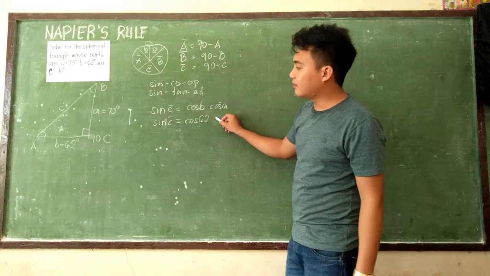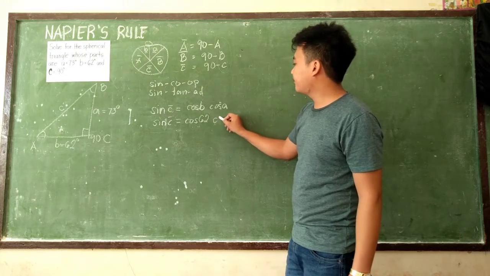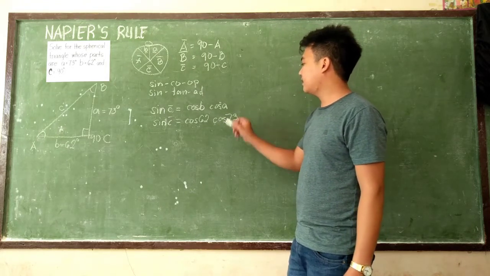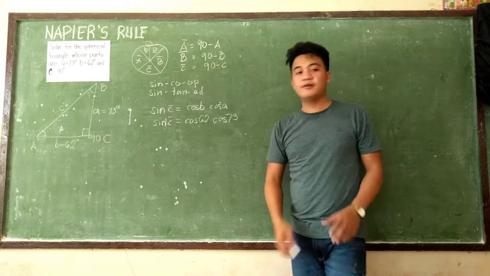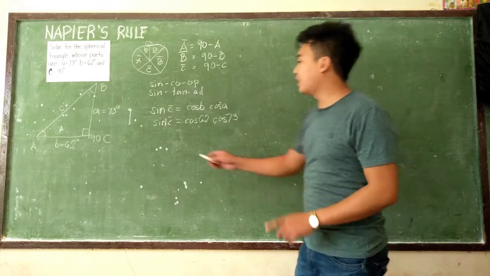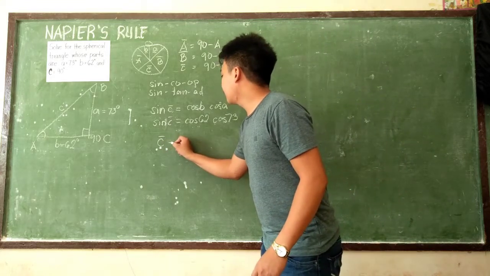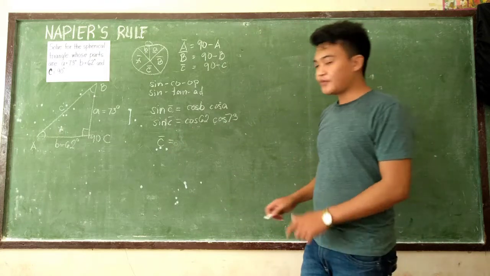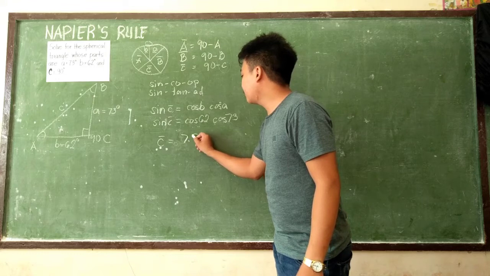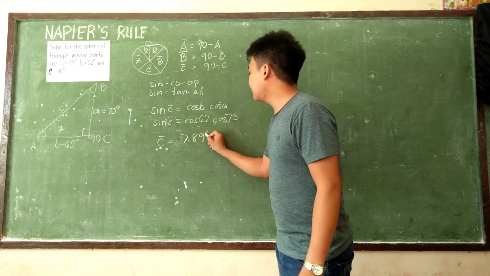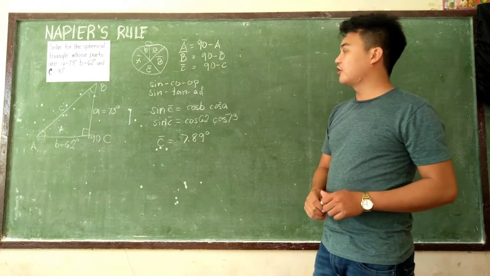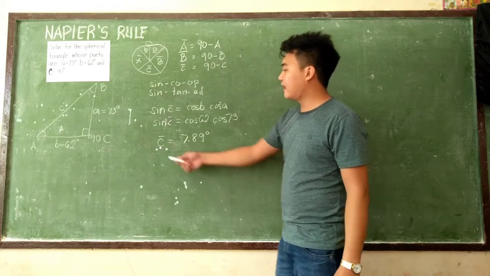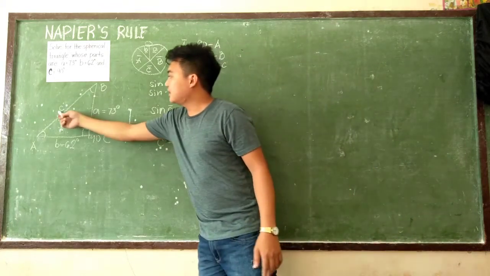Then the value of A is cos 73 degrees. Then we get the value of C bar. Simplify this one. C bar is equal to 7.89 degrees. So always remember, this is not yet the answer of C.